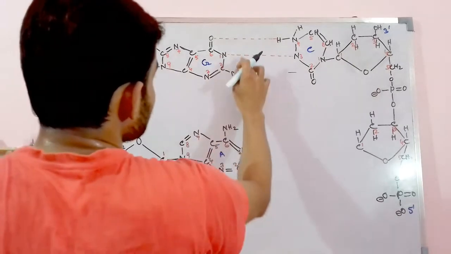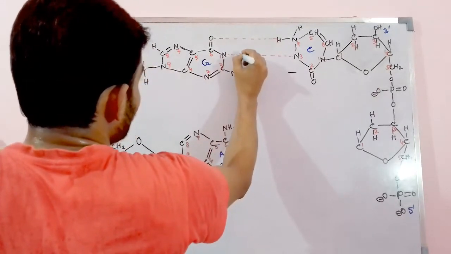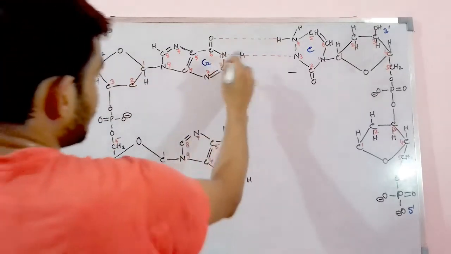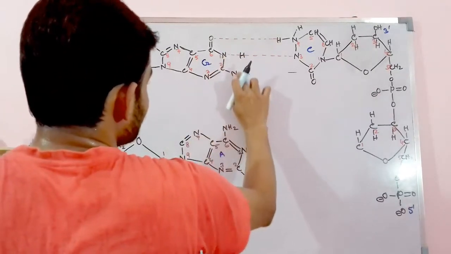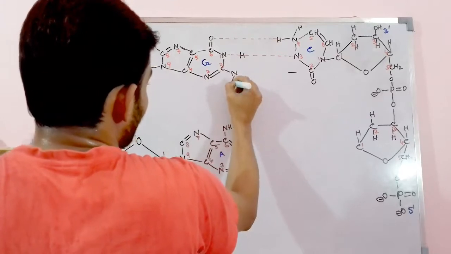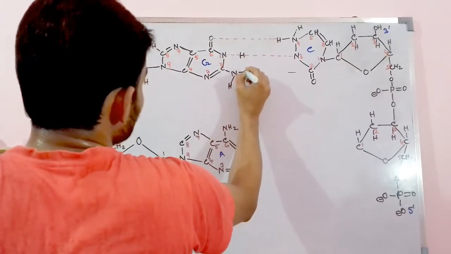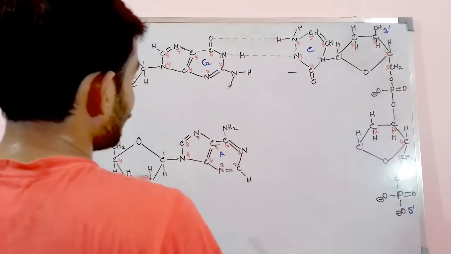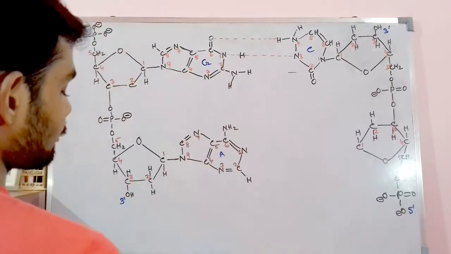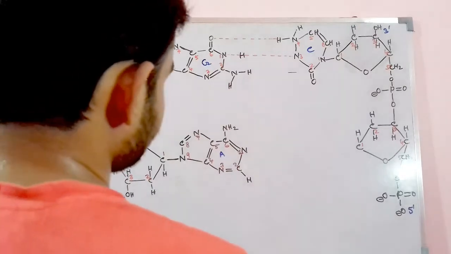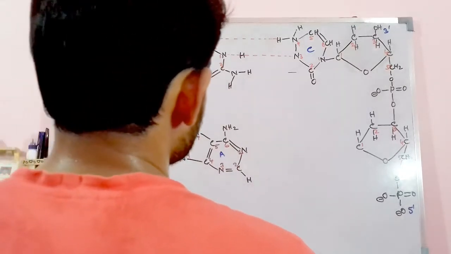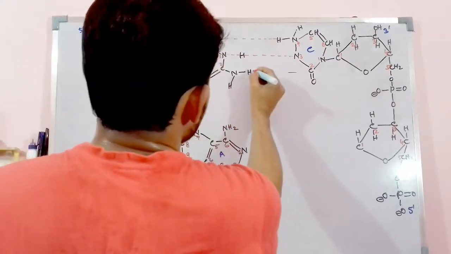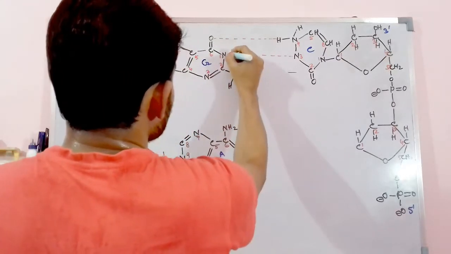There is a hydrogen present here also. This hydrogen is nothing but the hydrogen of this nitrogen. This particular nitrogen is having two hydrogens again present, that is forming a bond with this oxygen atom.